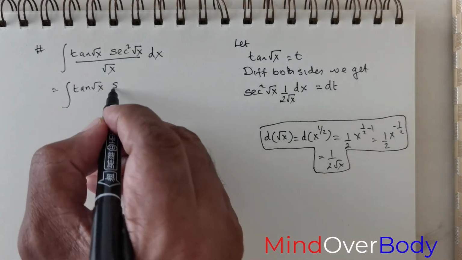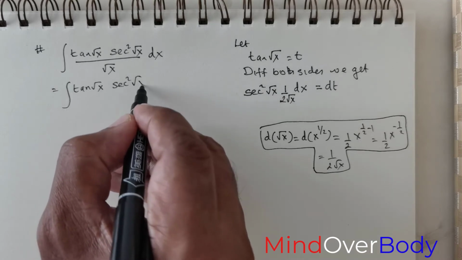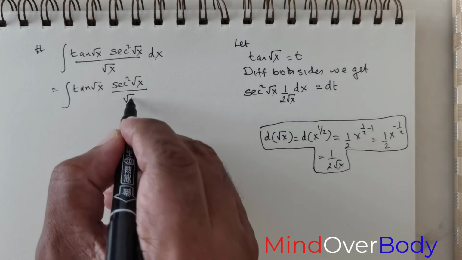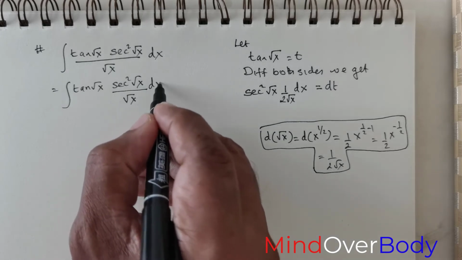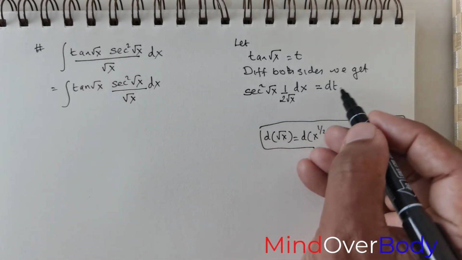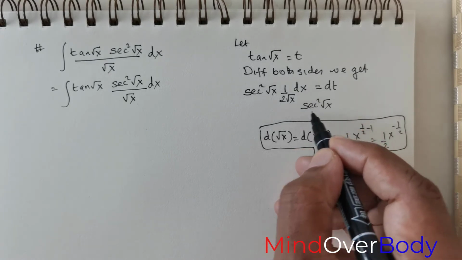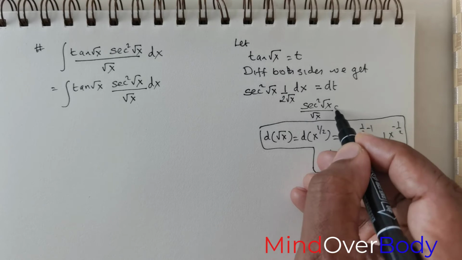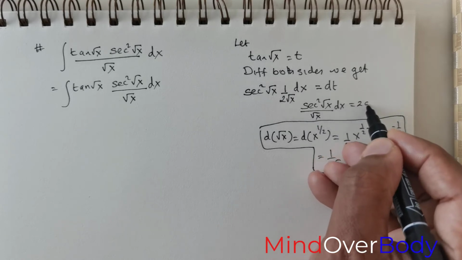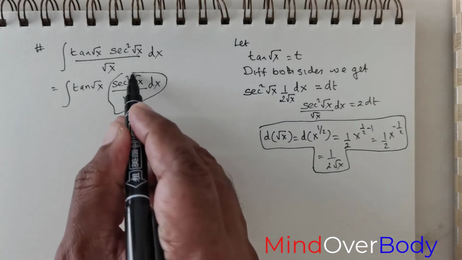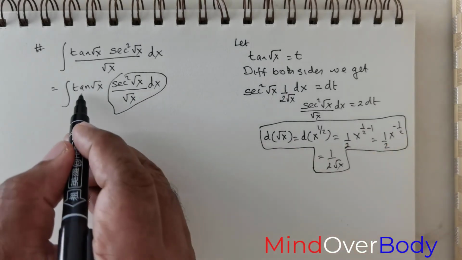This has secant squared root of x over root of x times dx, but there isn't any 2 there, so we need to push the 2 there. So this is going to be secant squared root of x divided by root of x dx is equal to 2 times dt. We will be using this substitution. So this is going to be this, and this is going to be this.